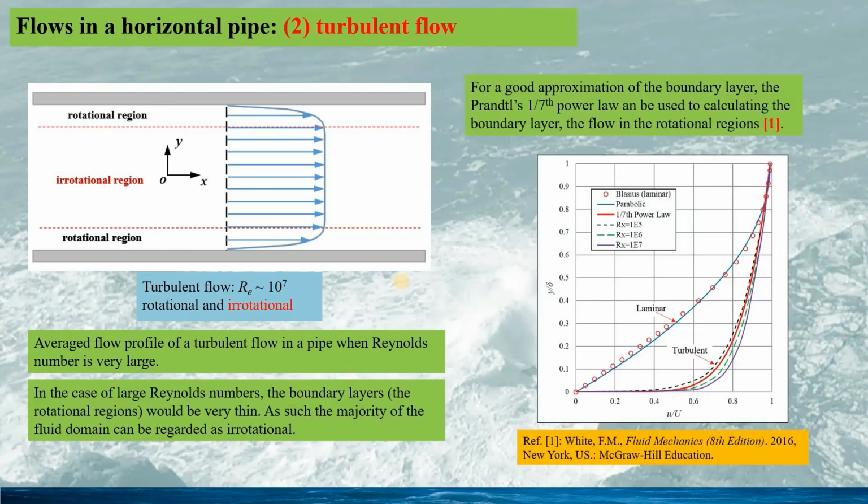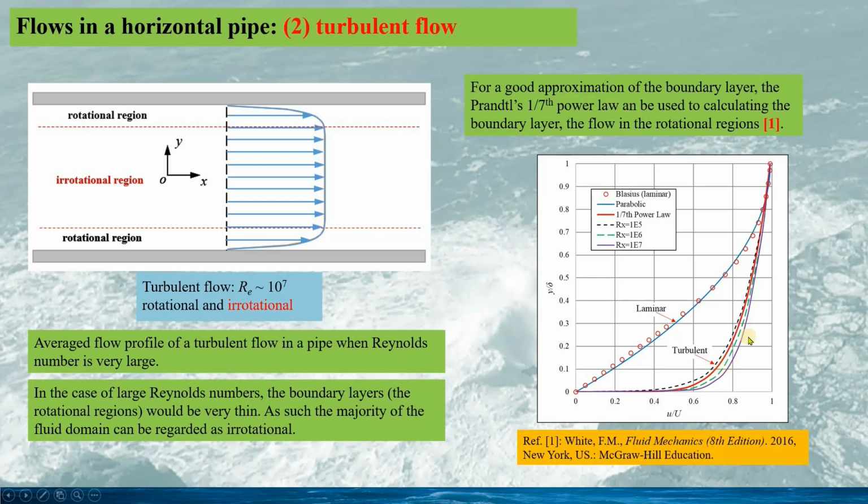If we want to solve the turbulent flow in the horizontal pipe, we can follow Prandtl's boundary layer theory, in which we can treat the flow as a part of the irrotational flow away from the boundary, while within the thin boundary, the velocity profile can be taken as Prandtl's 1/7 power law.